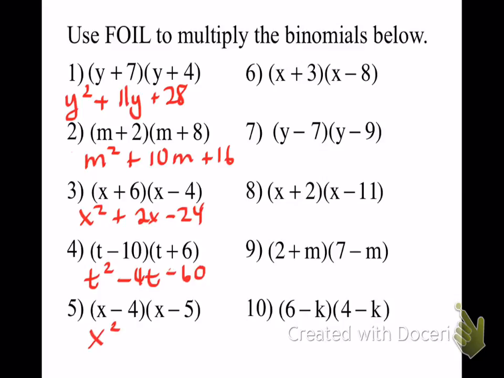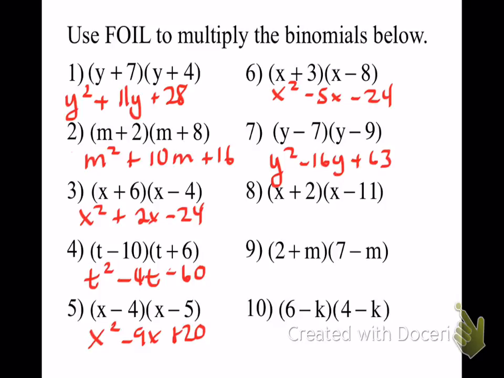We have x squared minus 9x plus 20. We have x squared minus 5x minus 24. Y squared minus 16y plus 63. x squared minus 9x minus 22.